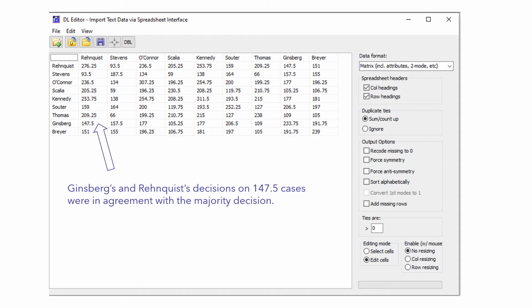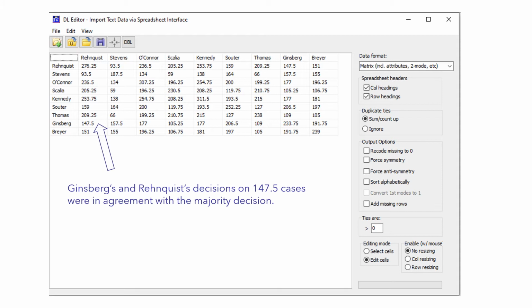What do cell values mean in the matrix? To interpret cell values, you always go back to the meanings of ties in the original two-mode network. What does the tie represent in the justice by case matrix? 1 means a justice's decision on a case was in agreement with the majority decision in the Supreme Court.